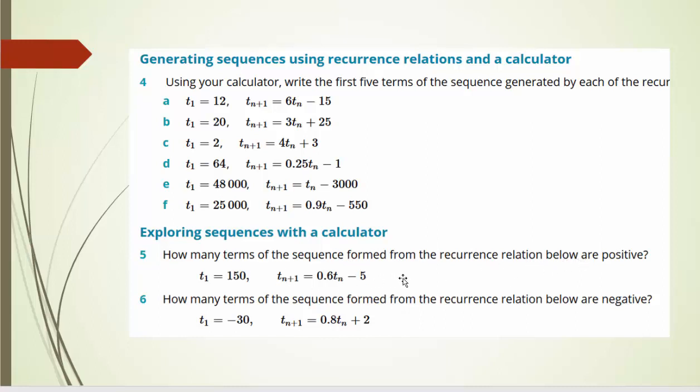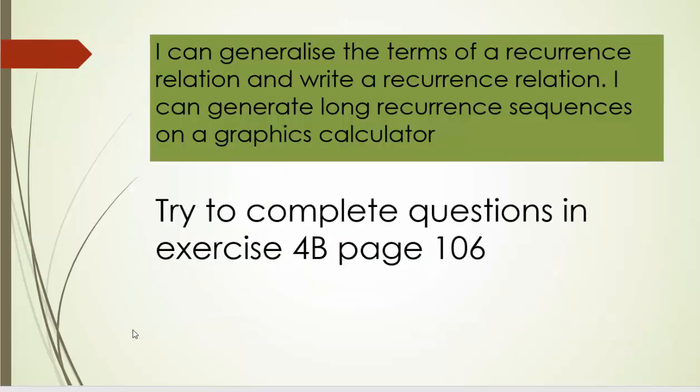Well, if you put this sequence into your graphics calculator and just see which results are positive and count them up, and for this one, how many are negative. When you've done all that, I think you can confidently say that you can generalize the terms of a recurrence relation and write a recurrence relation and use the graphics calculator to generate long recurrence sequences. Finish off all of that exercise, and then the next lesson you'll be ready for 4C.